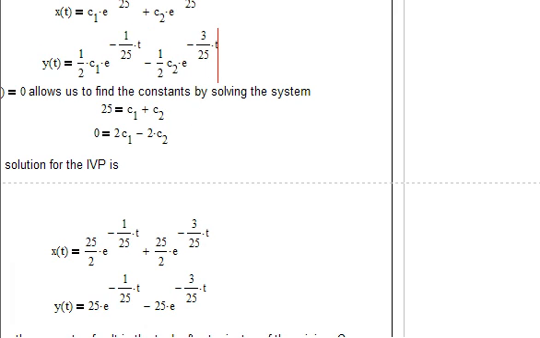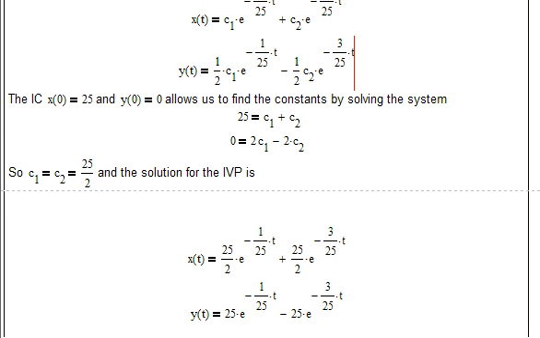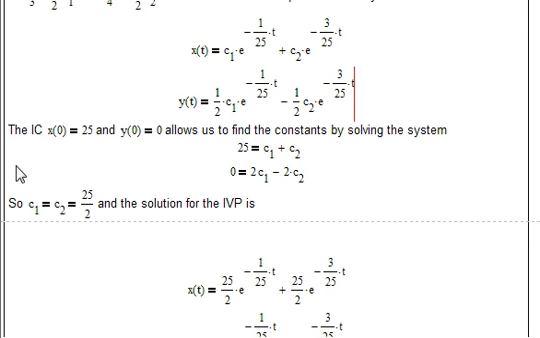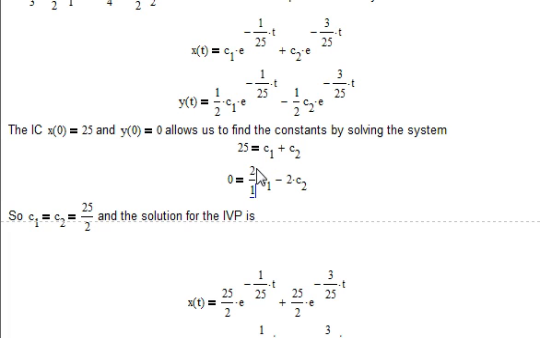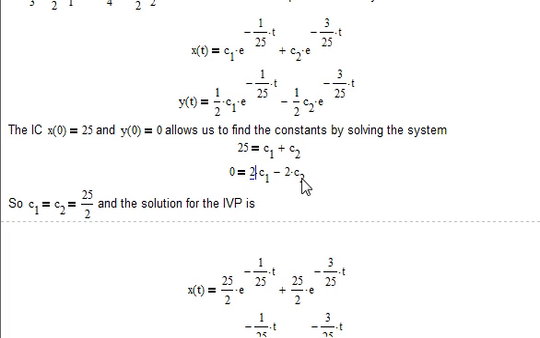There. Now what I haven't done yet is apply the initial conditions. Well, that might be a little different now. So x of 0 is 25. All right, put in 0. We get e to the 1, I'm sorry, we don't have e to the 1. We have 1. e to the 0 is 1. So C1 plus C2 equals 25. Okay, now here's a little problem. This should be 1/2. Oops, sorry, I did it backwards.